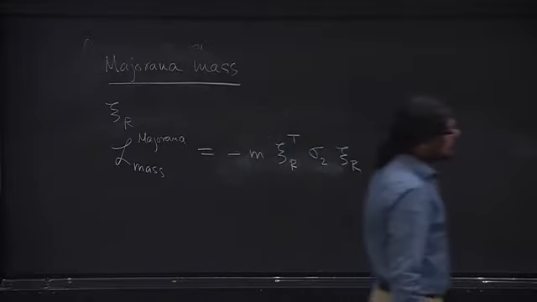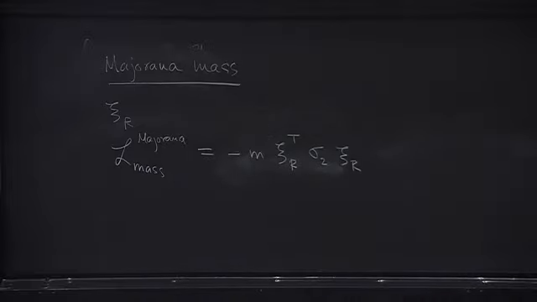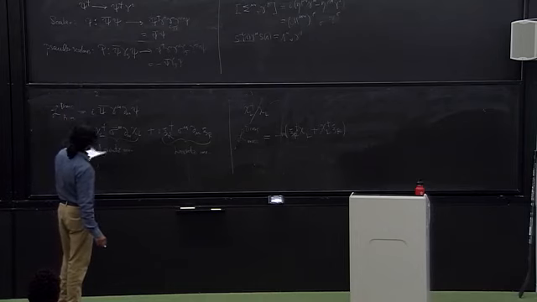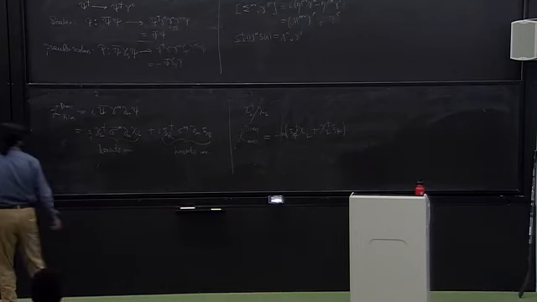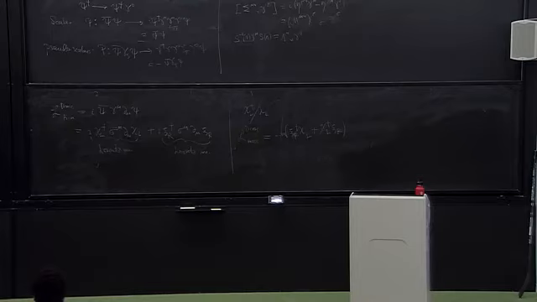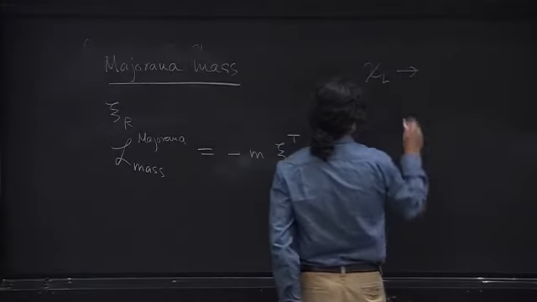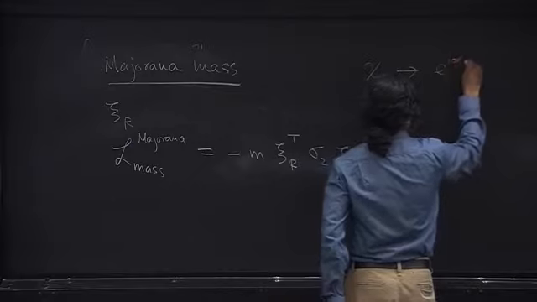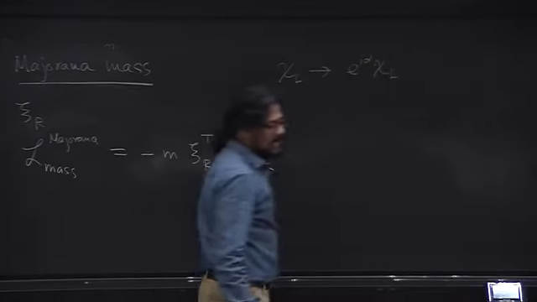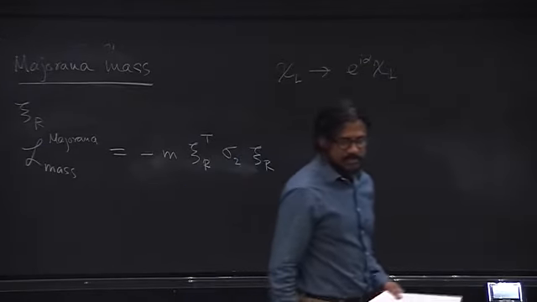If you look at the Lagrangian for the Weyl spinor, the kinetic term as well as the mass term, which is an interaction term, then you have a phase symmetry. Your Lagrangian is invariant under it.